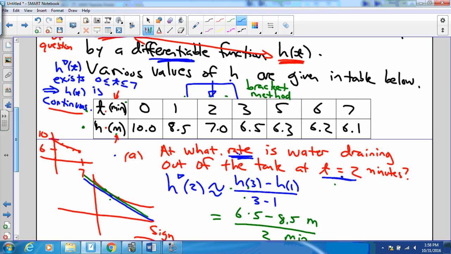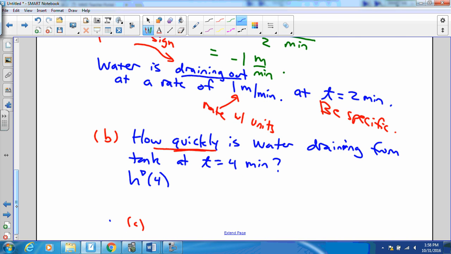The second wrinkle that's kind of interesting is this. When I go back to my table, look what isn't there. Is that a problem? No. What am I going to do, Tommy? H prime of 5 minus h prime of 3 over 5 minus 3. Almost. Not h prime, but h.